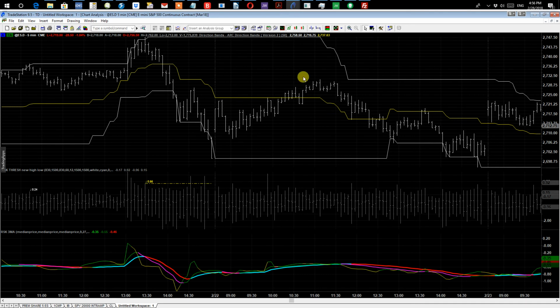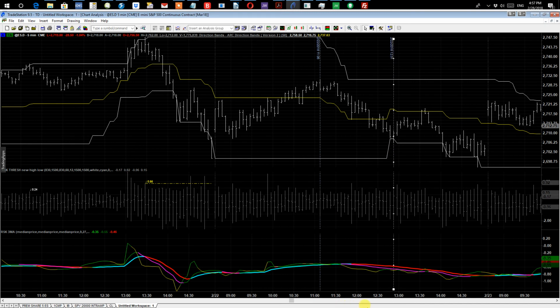Now, on the way down here, from this point, from that pivot here, is there any high on the premium that doesn't seem to fit? From this point here, down to that low.